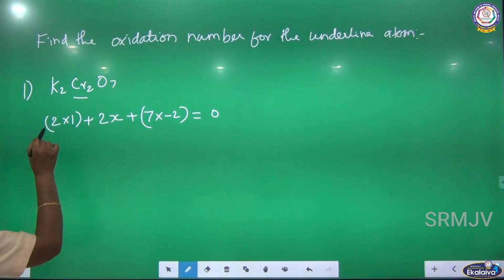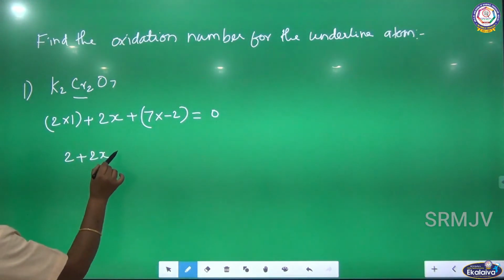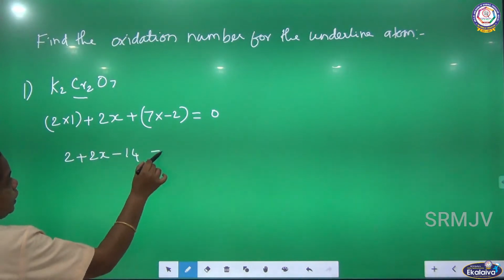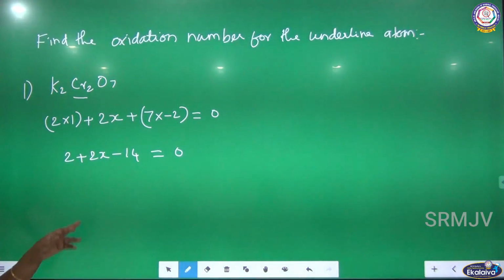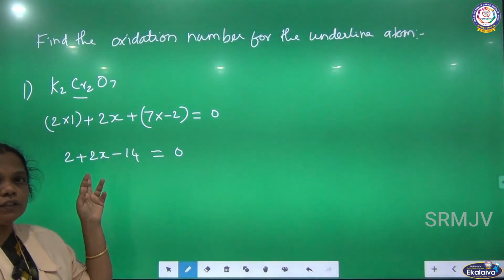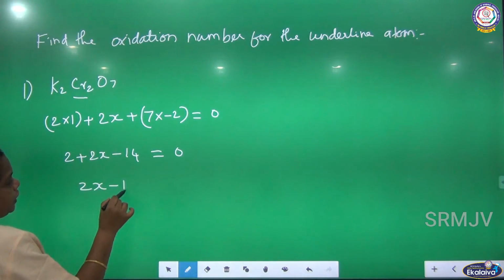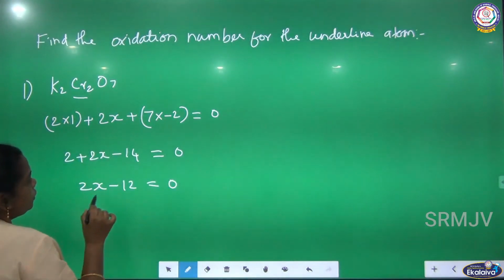And next, 2 into 1, 2 plus 2x minus 14 equal to 0. So -14 plus 2, -12. 2x minus 12 equal to 0.